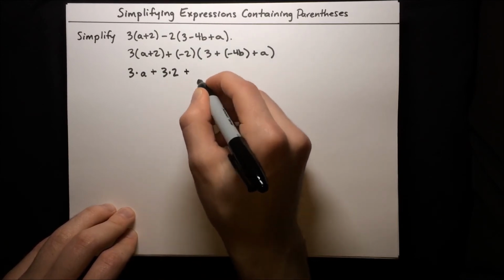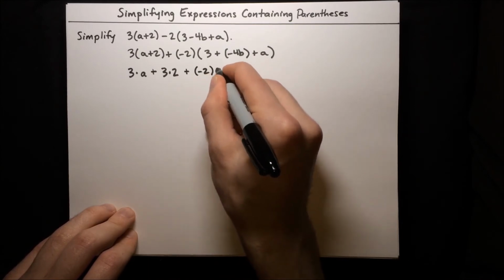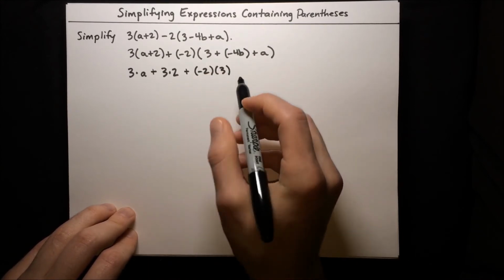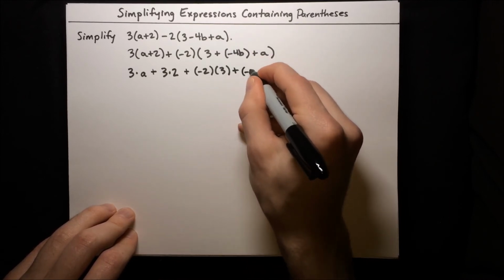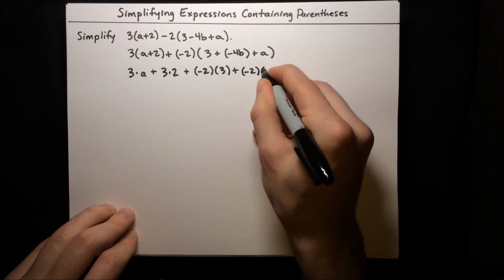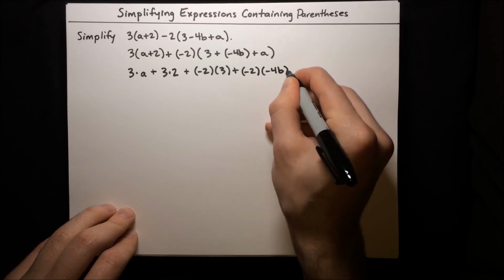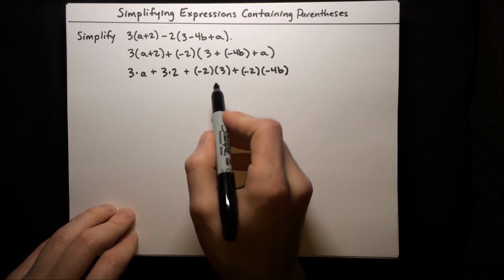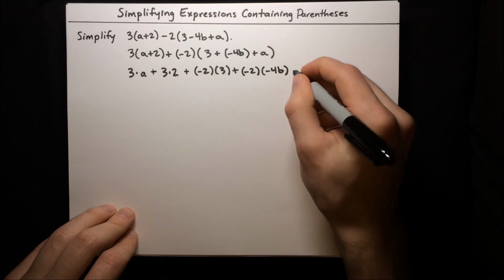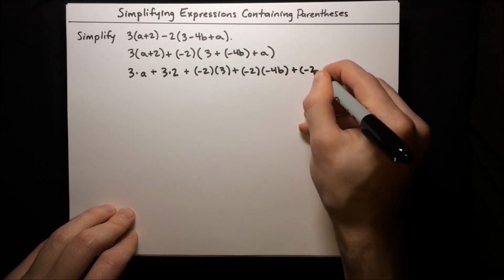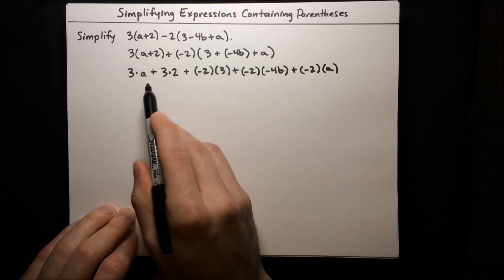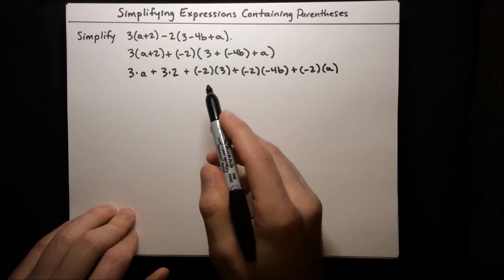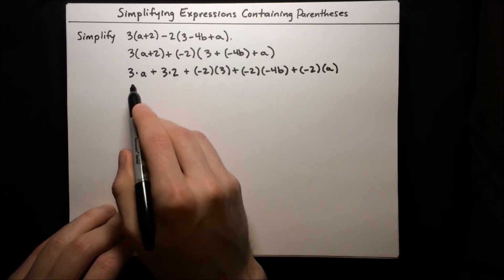So let's add negative 2 times 3. And then the second distribution is going to be plus negative 2 times the second term, which is negative 4b. And then the third and final distribution will be negative 2 times a. So plus negative 2 times a.